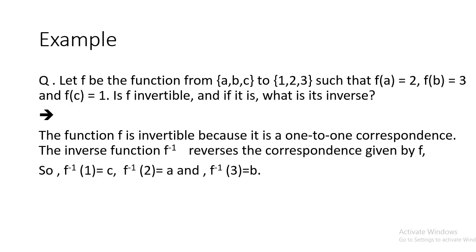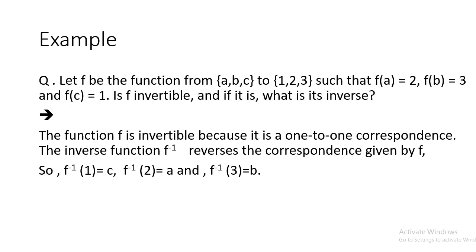So here the domain is given, images are given, and the mapping is given. We have to find out whether the function f is invertible or not, and if it is invertible, what is its inverse? So let's see the solution.